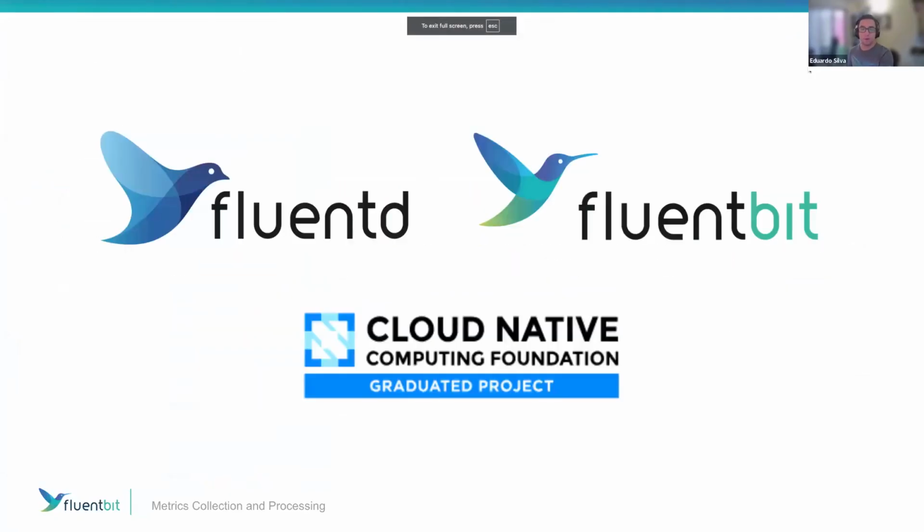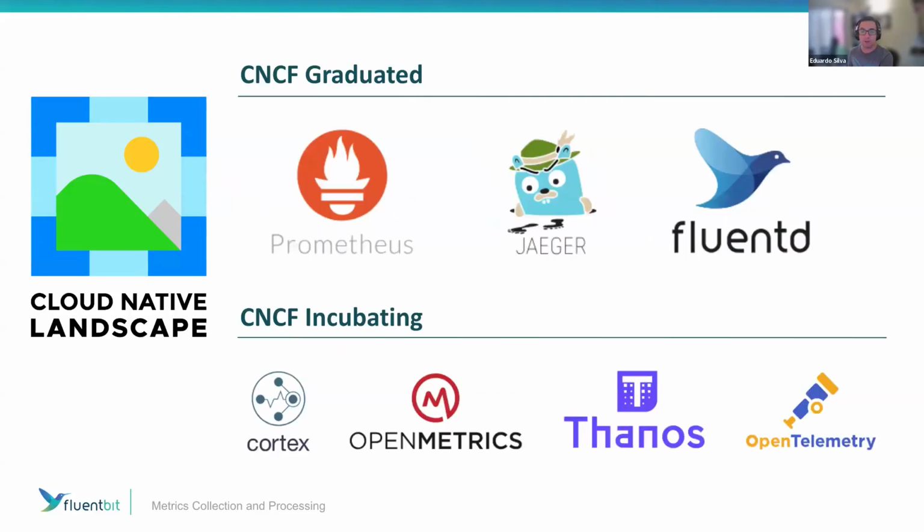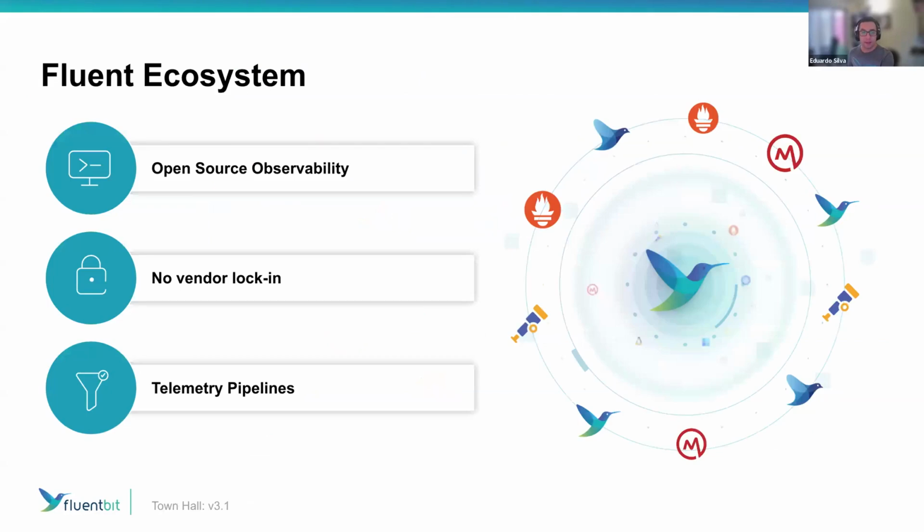As a reminder, Fluent Bit is part of the Fluentd project, which has graduated status with the CNCF, the Cloud Native Computer Foundation. One of our goals is to always be a vendor neutral project. And here we have a landscape of other projects around the ecosystem where we are too. The Fluent ecosystem aims to integrate with others.